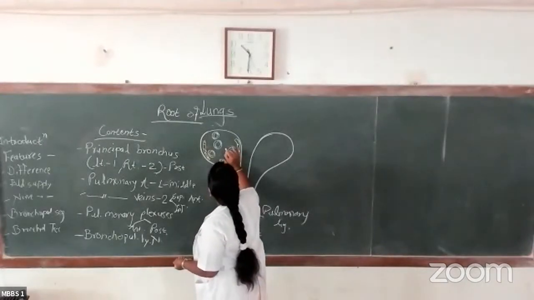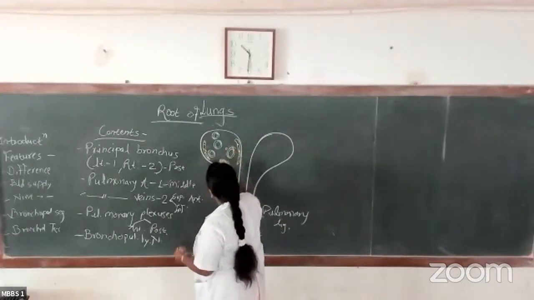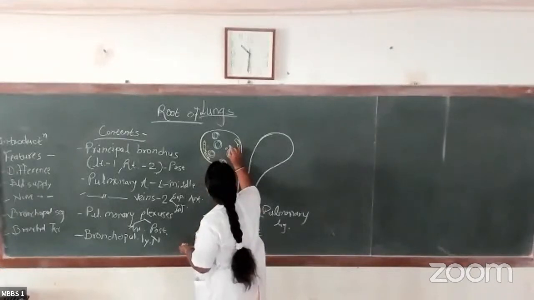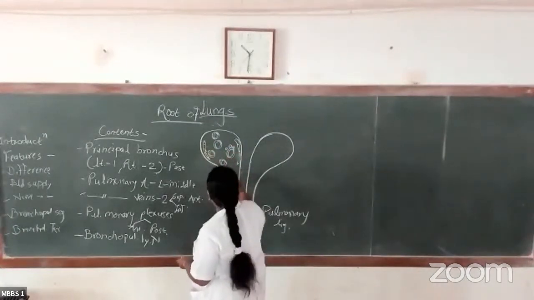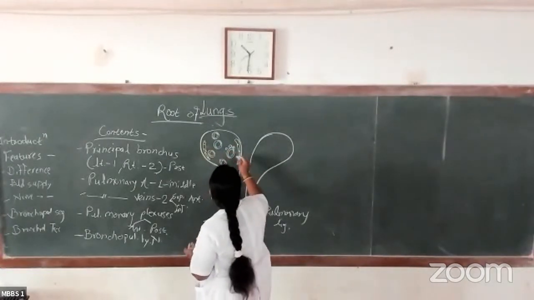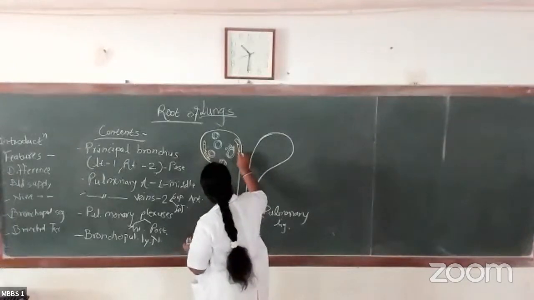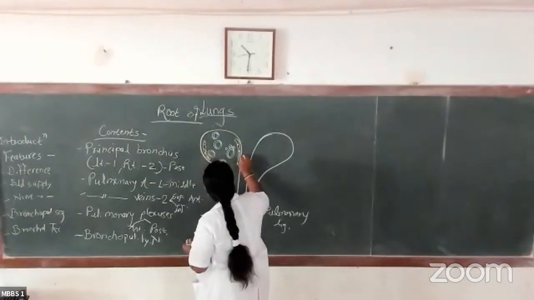Here there are bronchial vessels, one bronchial artery, one bronchial vein, one bronchial artery in case of right lung, and in case of left there are two bronchial arteries.